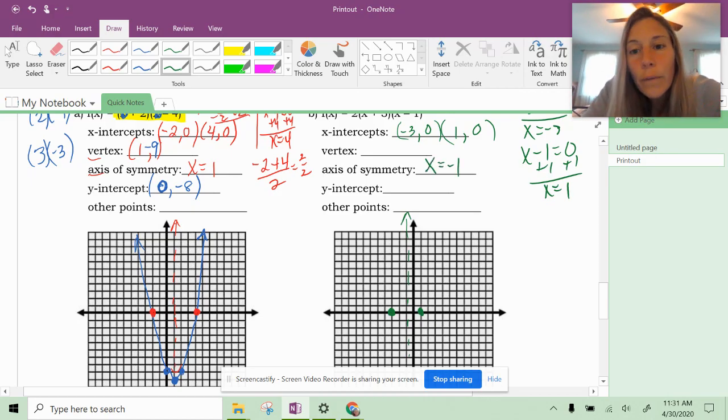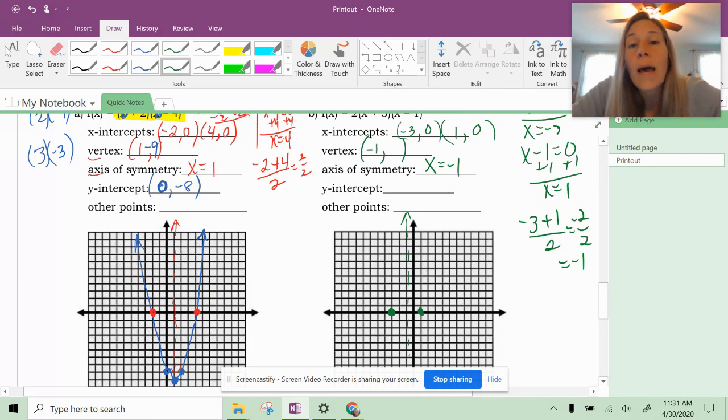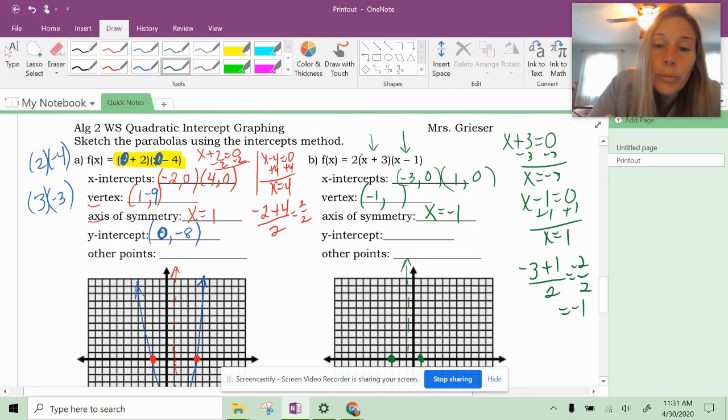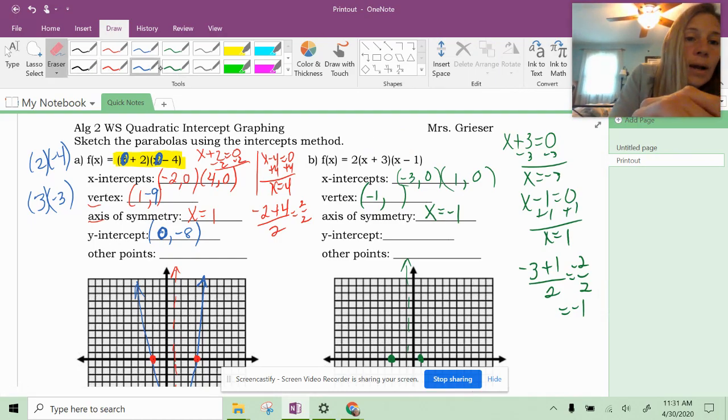If you can't tell from the graph, then just add up the 2 points and divide by 2, and that would also give you that -1. Then for your vertex, you know the first part of that ordered pair is -1. So then you go to your original and you put in the -1 for these two x's.